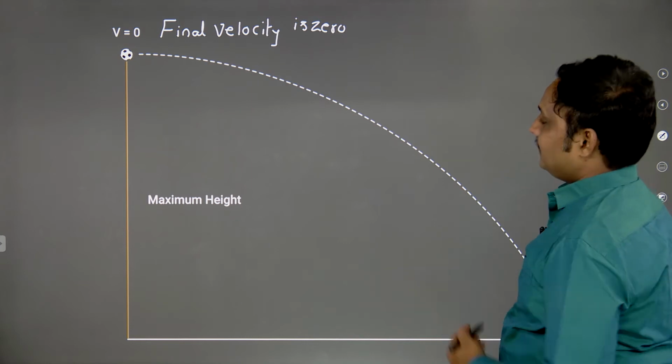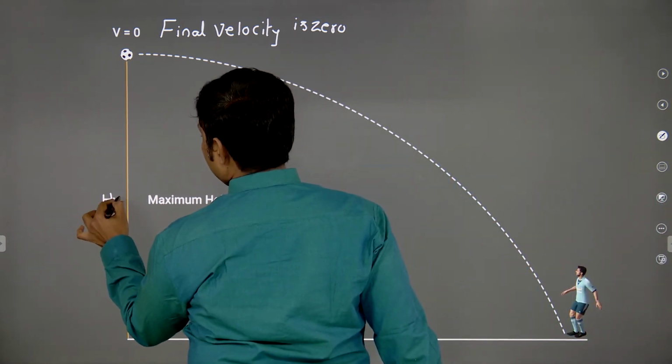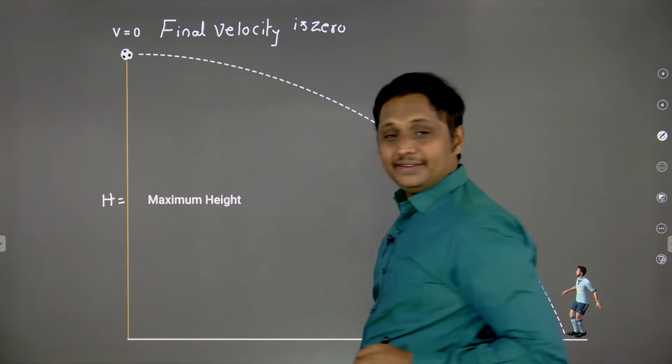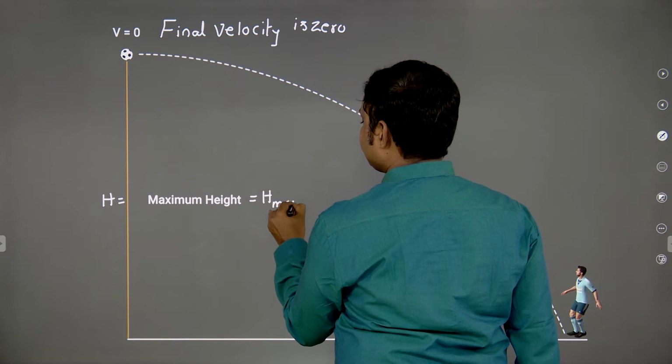Then H is equal to maximum height. That is going to be H maximum.